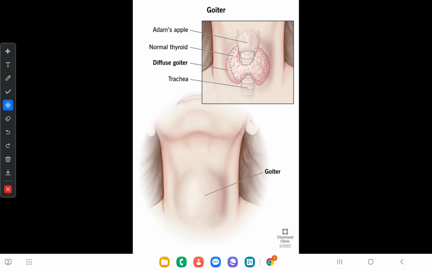Remember that it moves with swallowing. The goiter may present as a smooth swelling or a nodular swelling. Smooth swelling may be visible during pregnancy. Endemic goiter presents as a large swelling due to deficiency of iodine in the diet or drinking water.